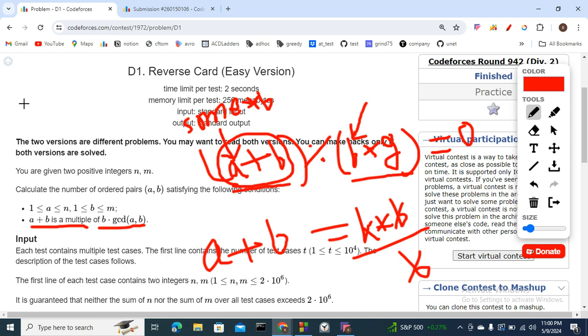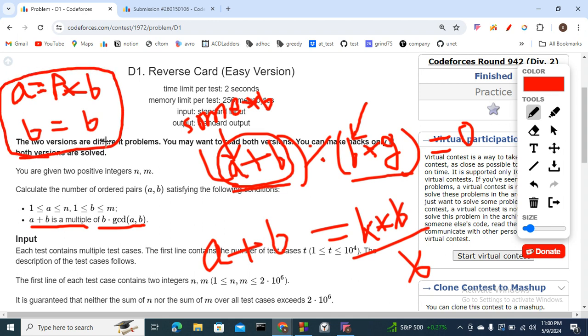So it is confirmed that a must be a multiple of b. Let a be k times b, and b is b. Now from these two, we can see that the GCD will be b.